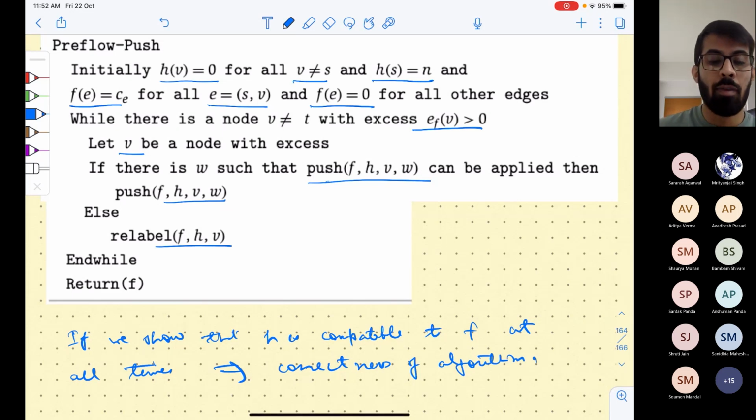That it gives a maximum flow. Why is that correct? Actually, I'm not going to show this. You can observe this by yourself. But if we show, or if we believe, that H is compatible with F at all times, then I claim that the algorithm is correct. It gives out the maximum flow. Why is that the case?